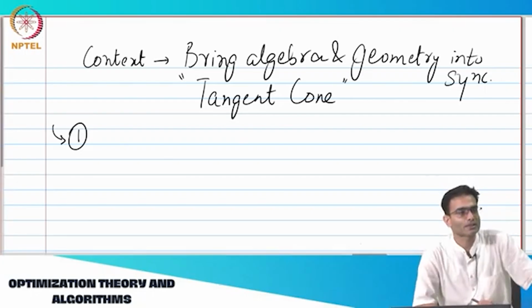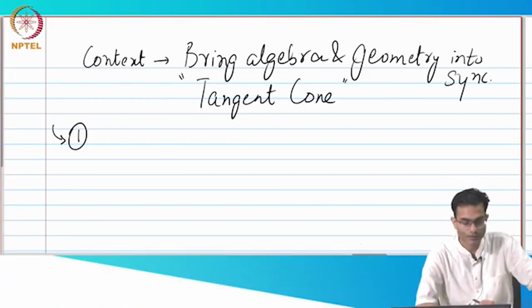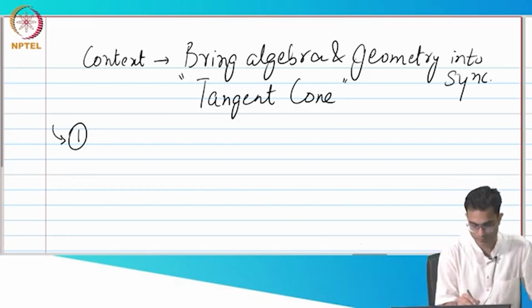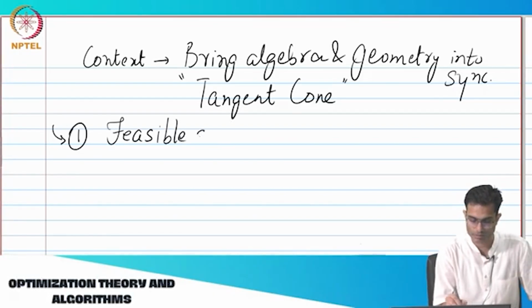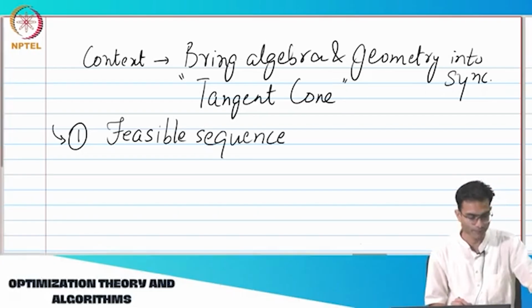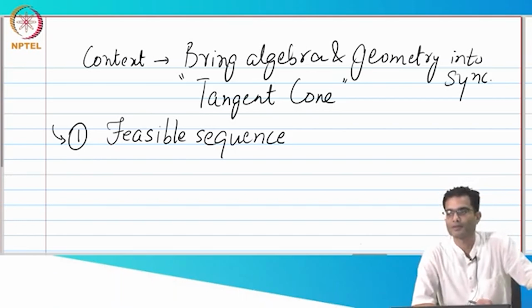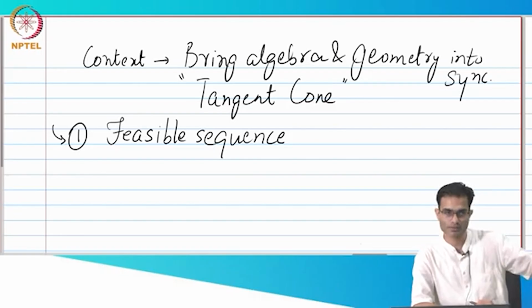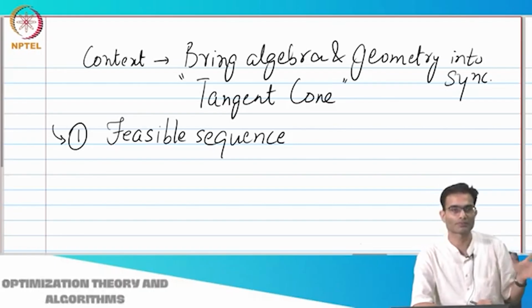First is what I define as a feasible sequence. The words are all very common-sense words, and they are suggestive. Sequence means a sequence of points. Feasible means something to do with feasibility.